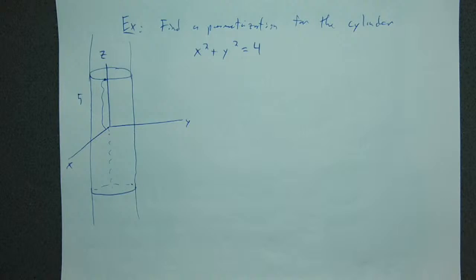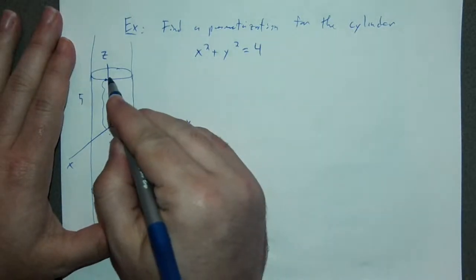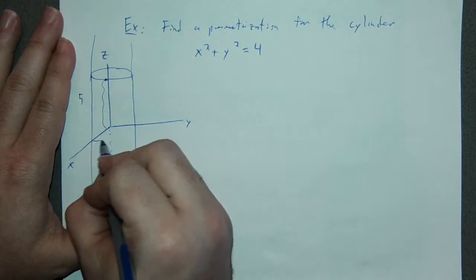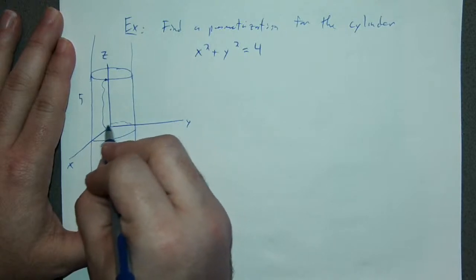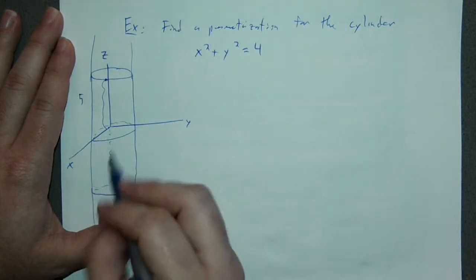So you should be able to figure this out just from that. You're going to need a z and a theta here, right? So z and theta is our idea. So how are we actually going to do that? Well, this circle, if I bring this circle down to the xy plane, what is that circle?